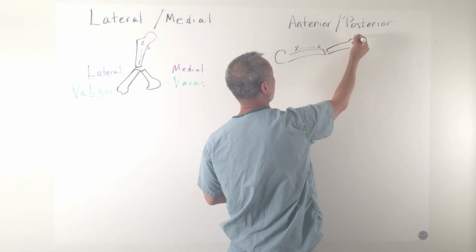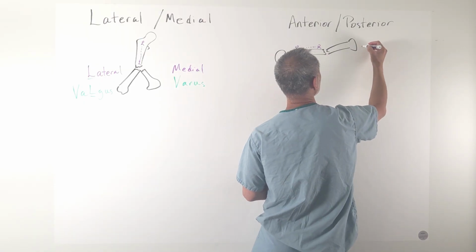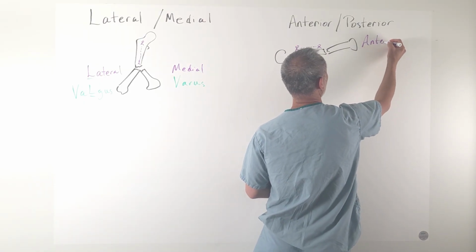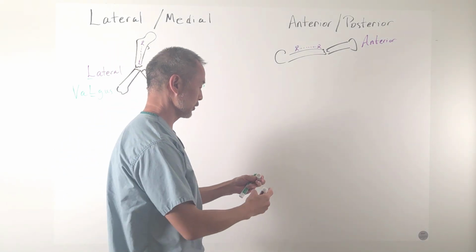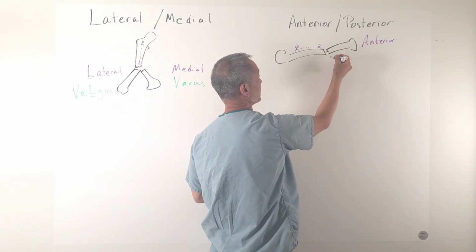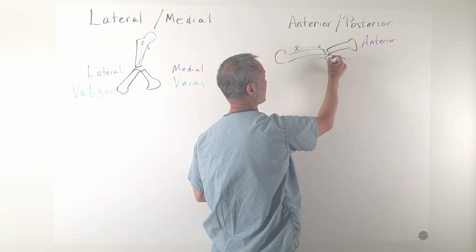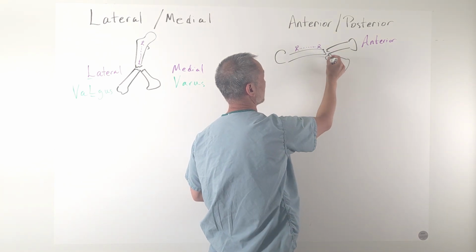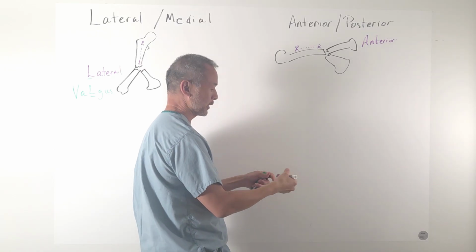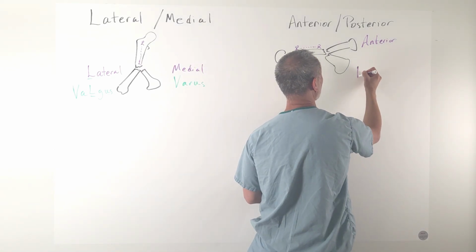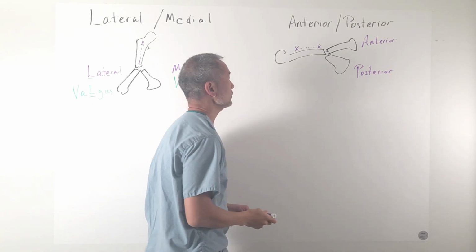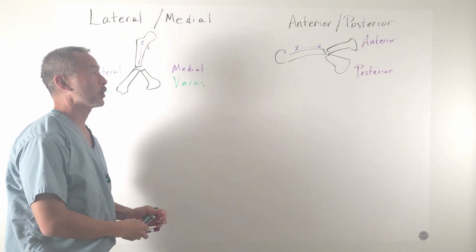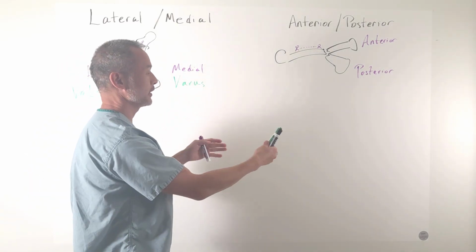Well, this is anterior. And if the opposite is true, if we are angulated the opposite way, so say it angulates this way, we're going to call that posterior angulation. Simple enough. You can call any fracture in the human body by these two planes.